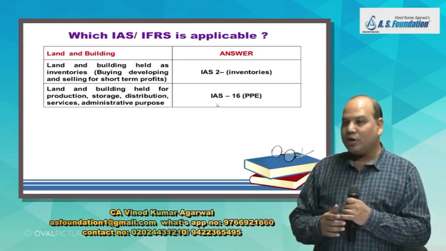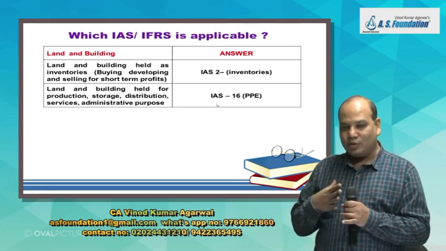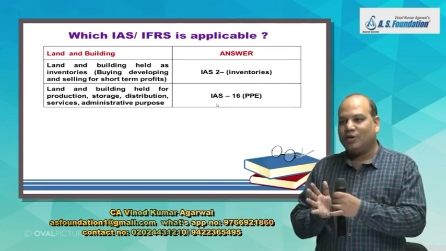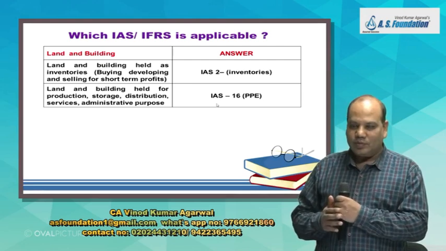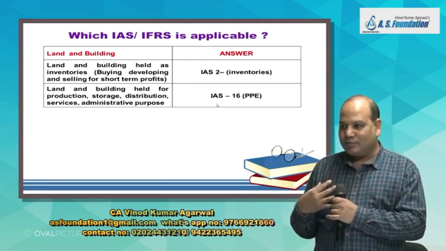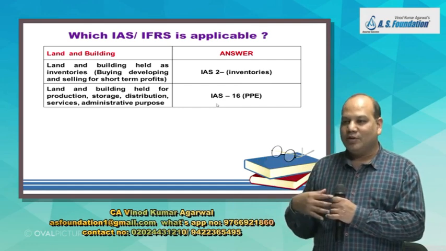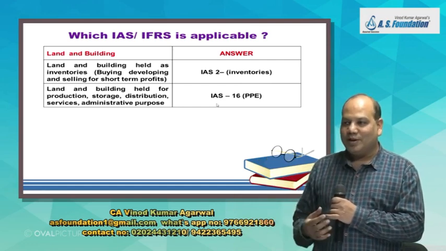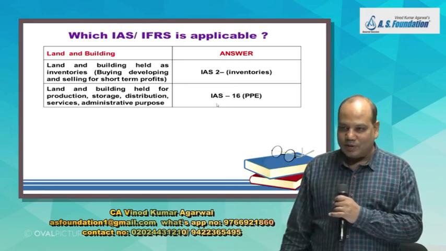Matching concept is not required. Again, the reason can be that you're not using it for producing any goods or service. Investment is giving you interest or dividend. This gives you rent. Investment gives you capital gain. This also gives you capital gain.